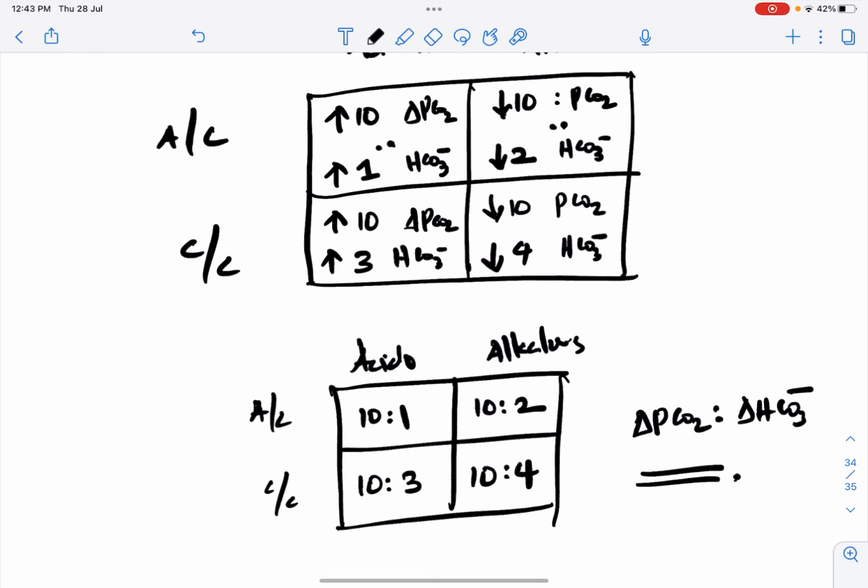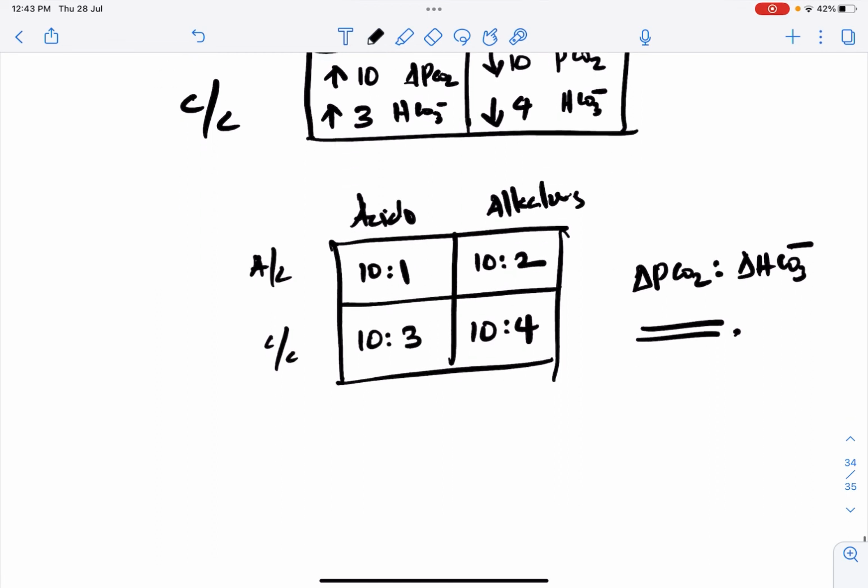So by using this, we can check whether the respiratory acidosis or alkalosis, whatever it is, is adequately compensated or not. So don't use the term overcorrection or undercorrection. Instead, there will be concomitant metabolic acidosis or alkalosis. So that's about the interpretation of the ABG. Thank you.